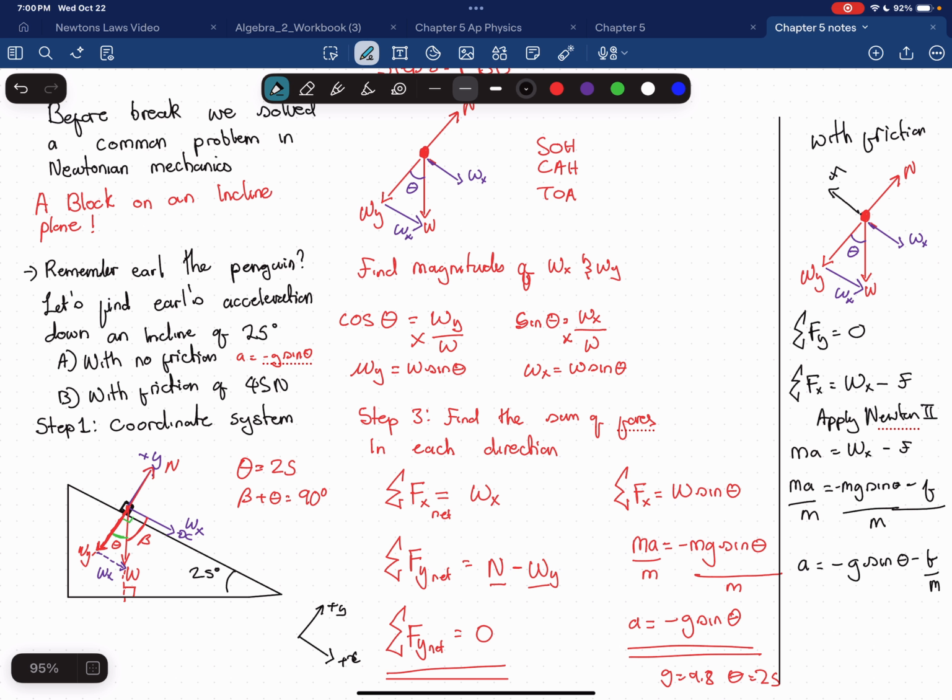With friction, we have a factor here of minus f over m. So basically, what I'm saying is that if I have a really large mass, I get more acceleration because this number, hold on, because a minus sign. Okay, let's be careful here.